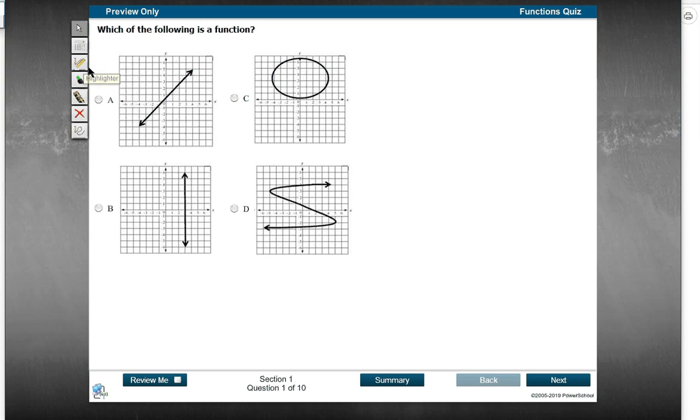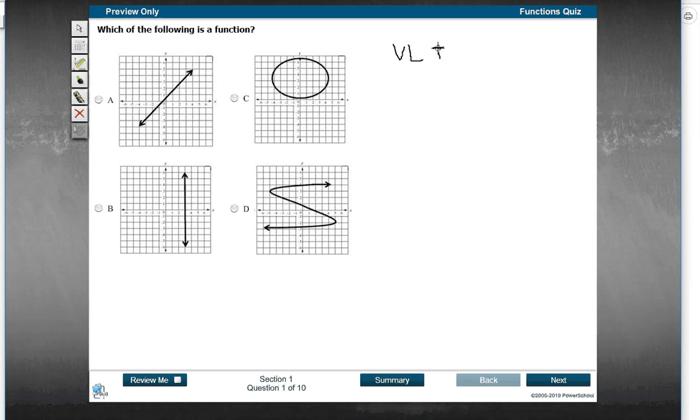So a couple ways that you can figure this out is the vertical line test, meaning at any point on the graph, it should only hit once. If I draw a straight line, it should only hit the line of our function once.